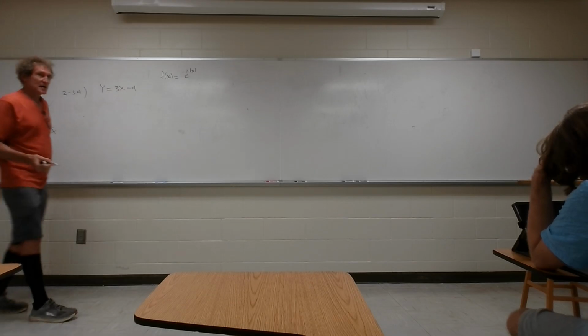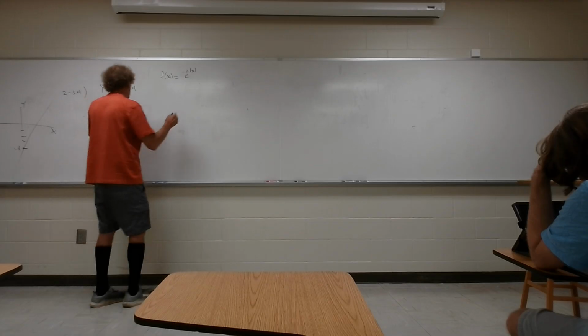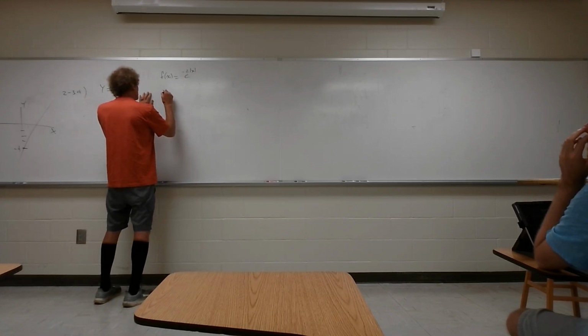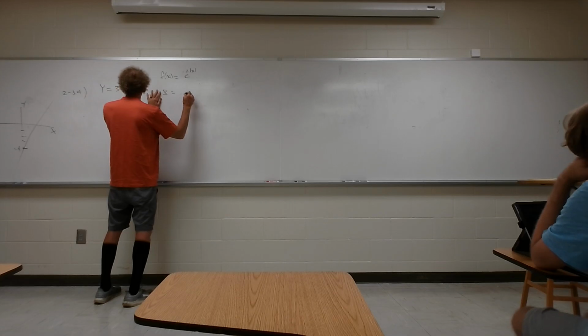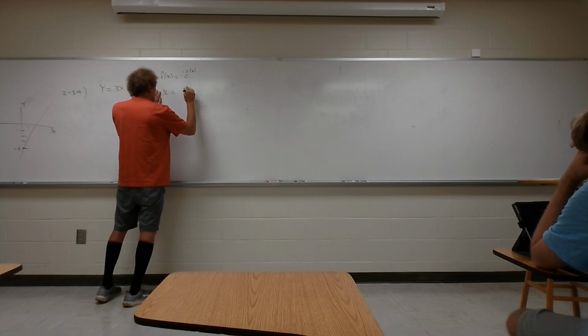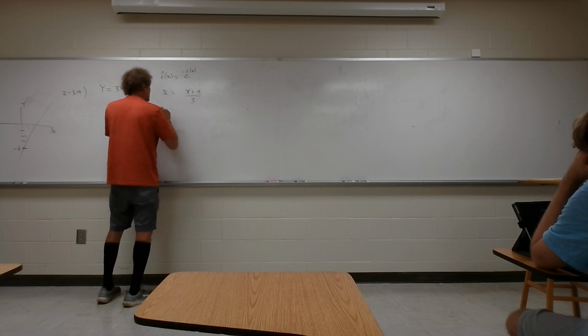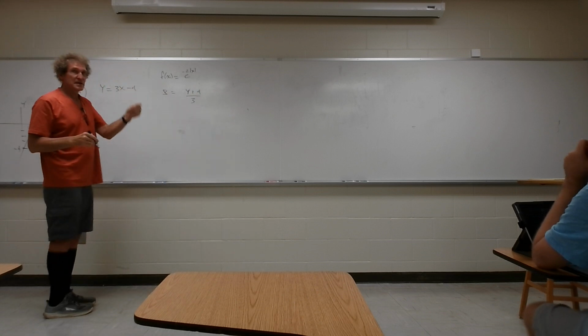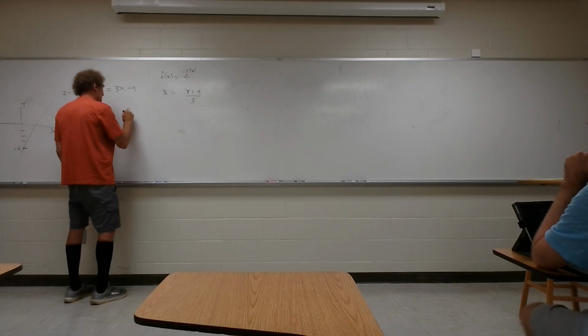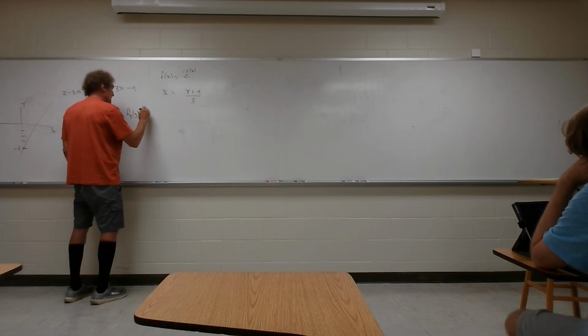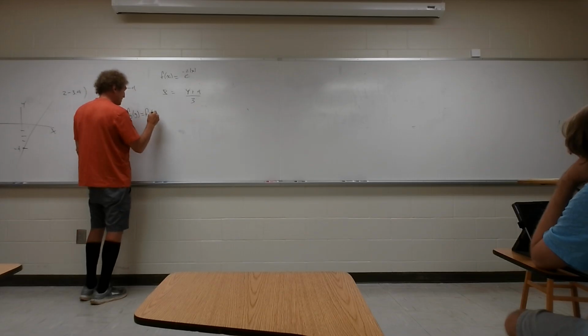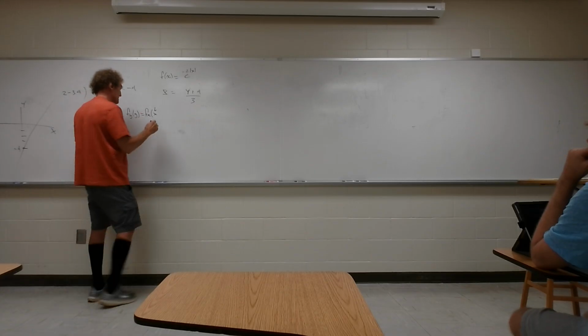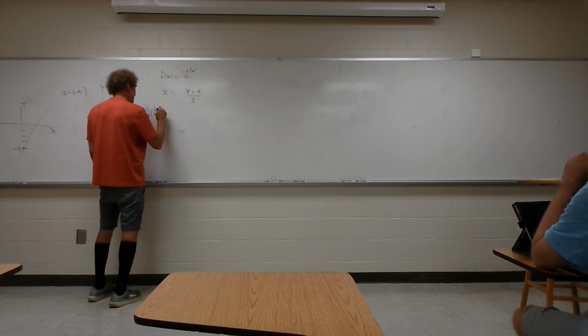When he starts asking about things, I'll do the inverse here. So x is going to be equal to y plus 4 divided by 3. It's monotonically increasing, so I can easily say that f of y is going to be f of x, and you put in the functional form, what x is in terms of y, and then you take dx dy.